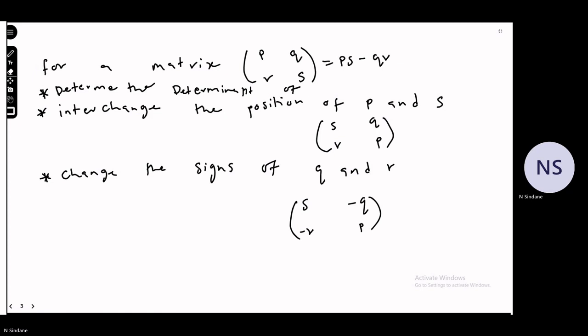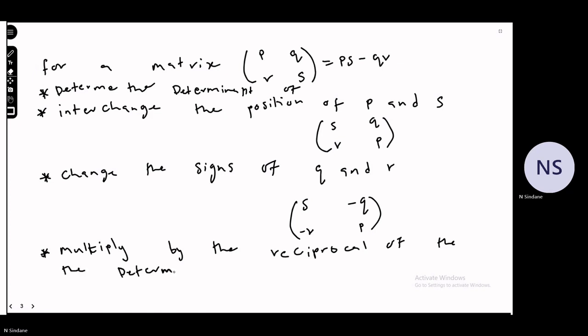Then after doing that, we multiply by the reciprocal of the determinant.